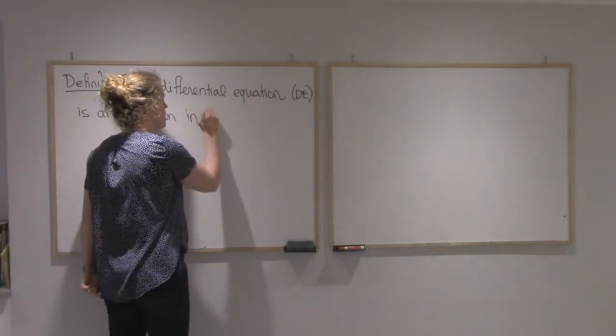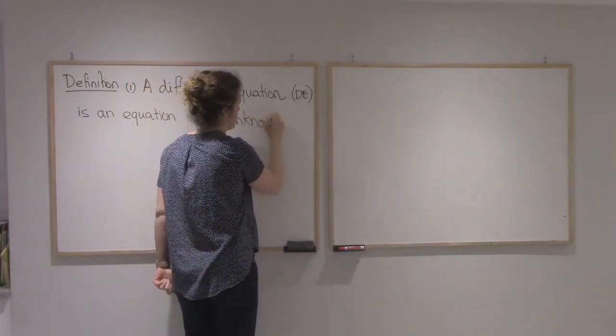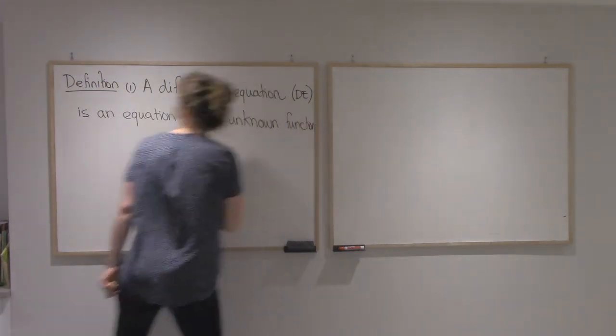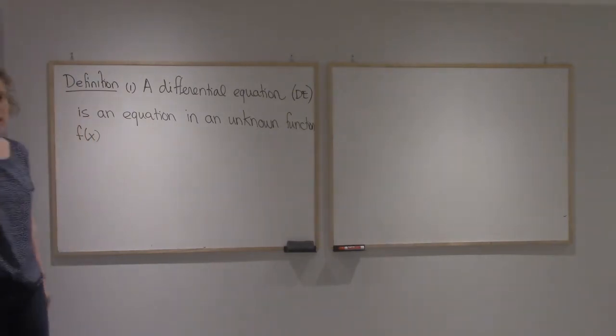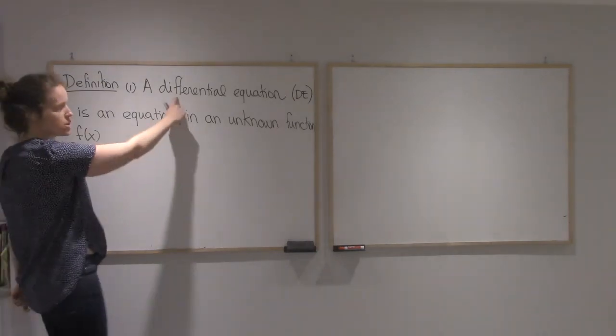So an unknown function f, and that equation will involve f and its derivatives. That's why the differential is there.